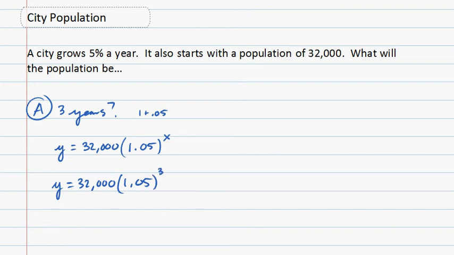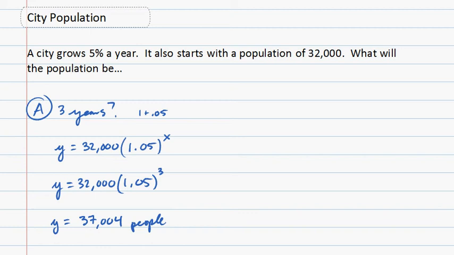So I go to my trusty calculator, and I type in the power of 3, and I'm getting an answer of 37,004 people. So it's probably around 37,000 we can expect.